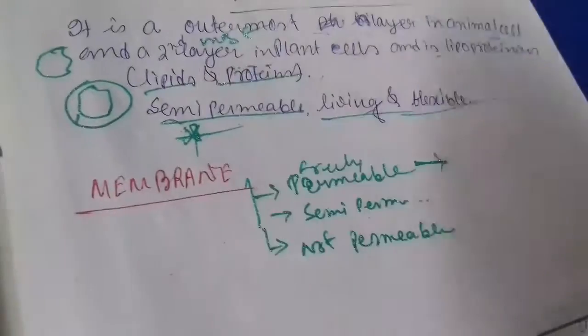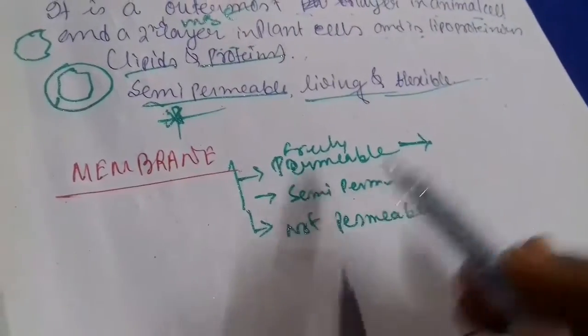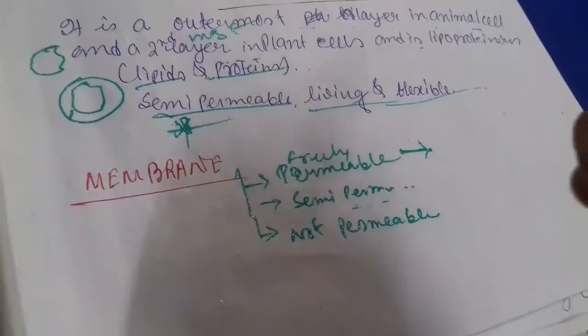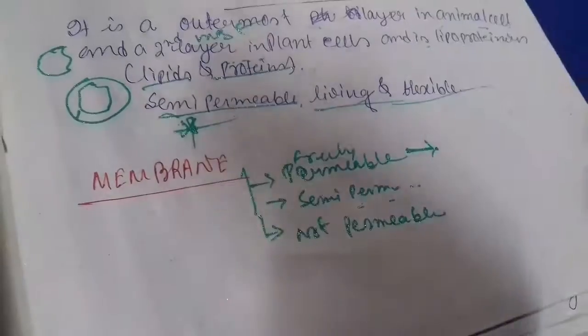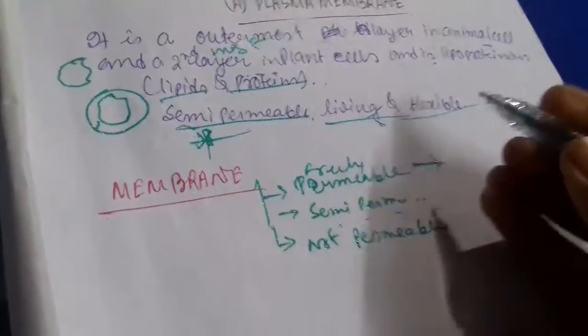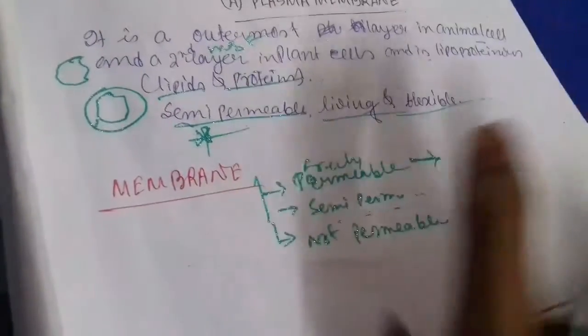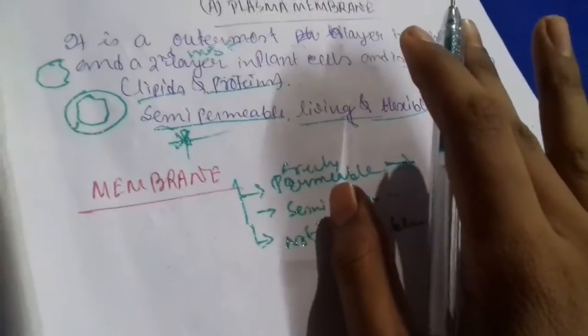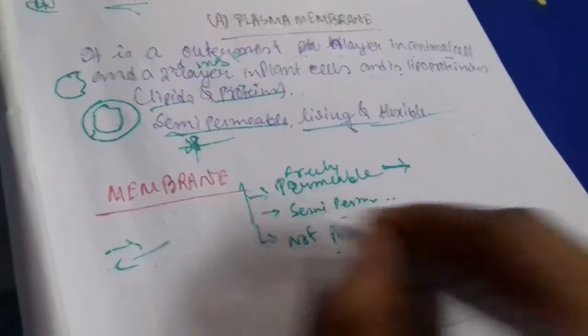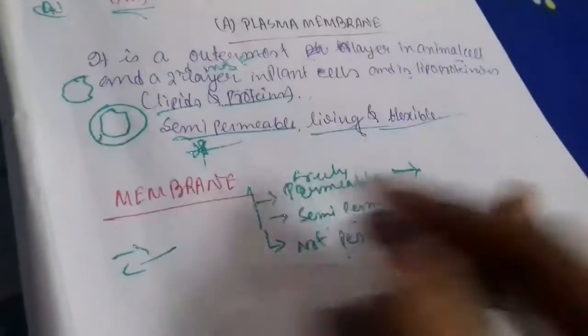If the membrane of a cell is semi-permeable, then it permits only some specific things to go into or come out of the cell. Not permeable means it does not allow any substance to go or come.